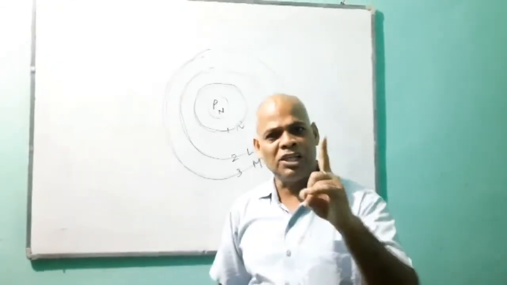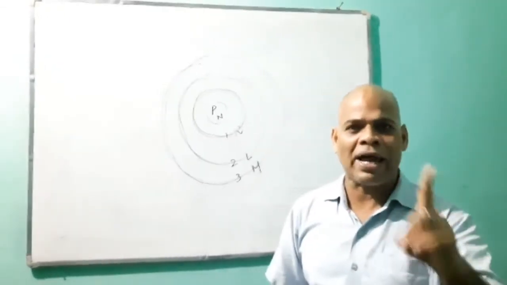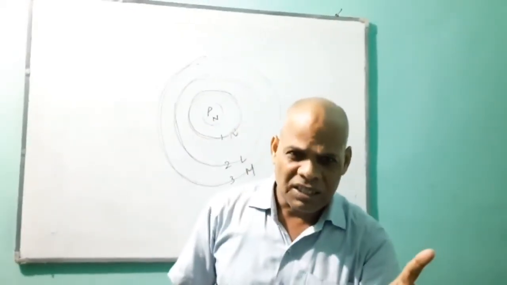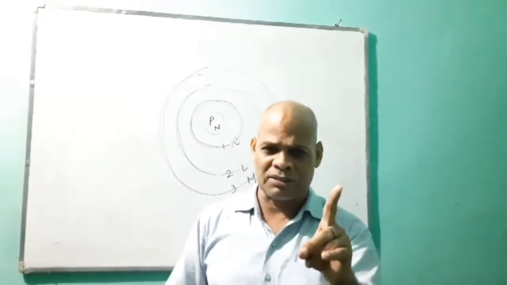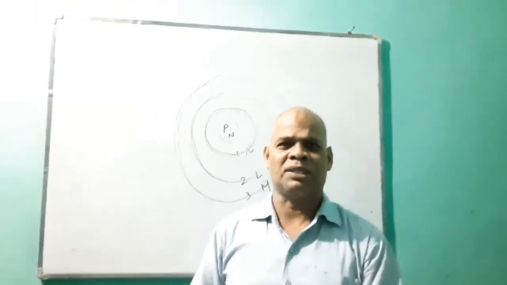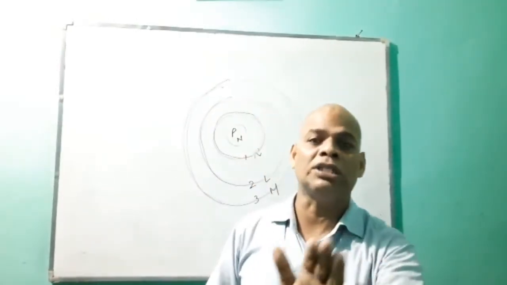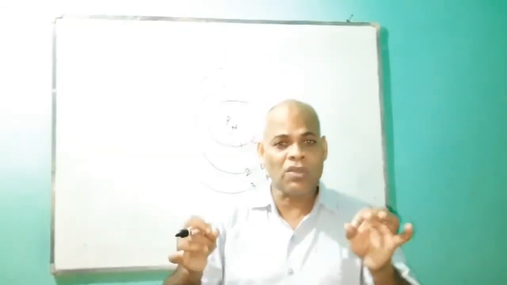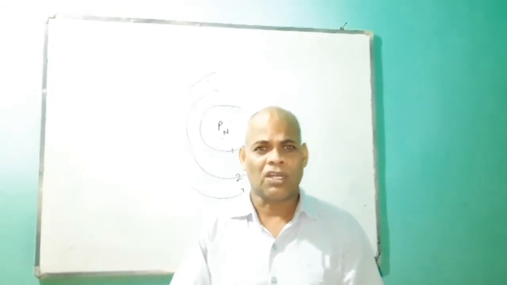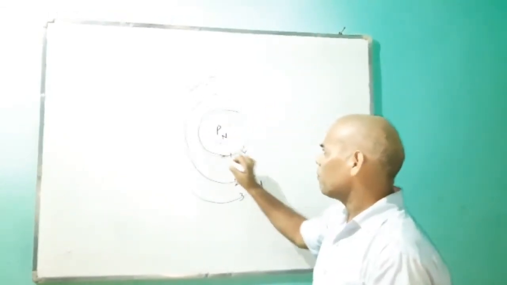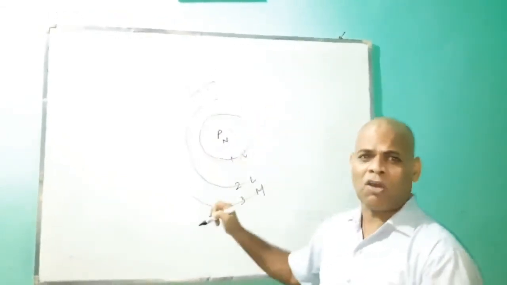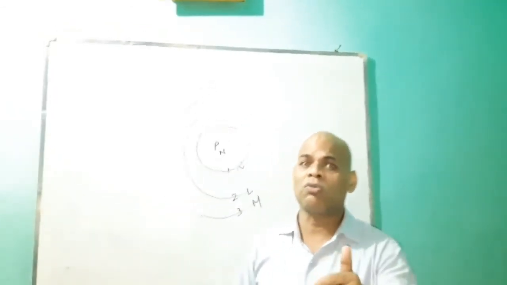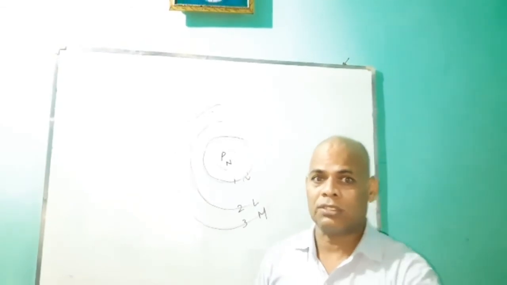And Niels Bohr said, as long as an electron remains in its own circular path, it will not radiate energy, will not lose energy. As long as an electron revolves in a particular orbit or shell, it will not lose energy.